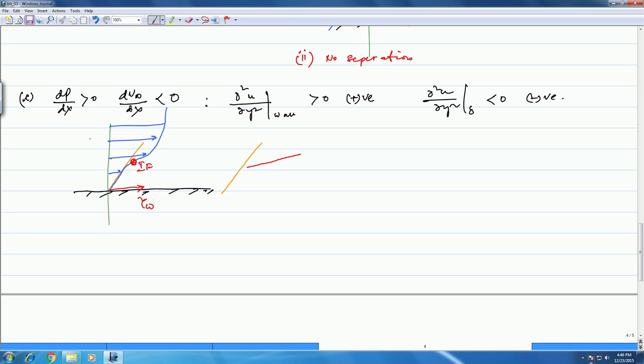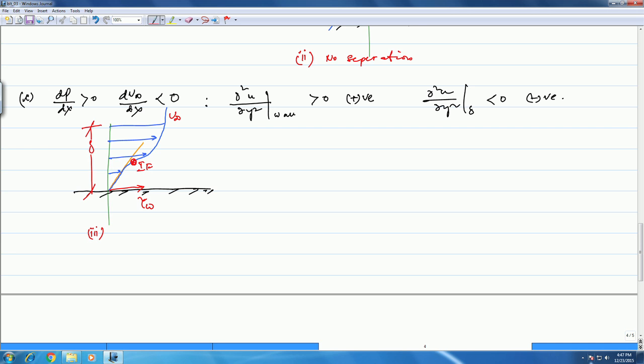Of course, you have tau wall, and this is again delta, and this here is u infinity. So therefore, in this particular case, the point of inflection is again within the flow.